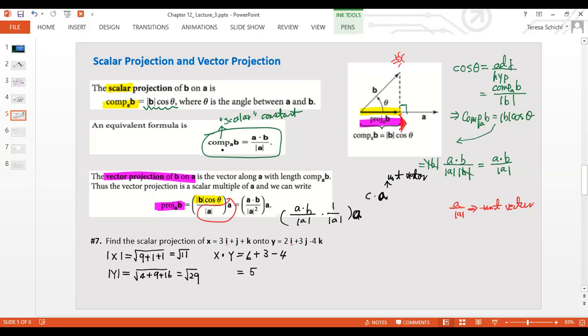Based on this formula, the component of x projected onto y will be the dot product, which is 5, over the length of y. So the length of y is what? It's the square root of 29 here. So that is what we call the scalar projection.